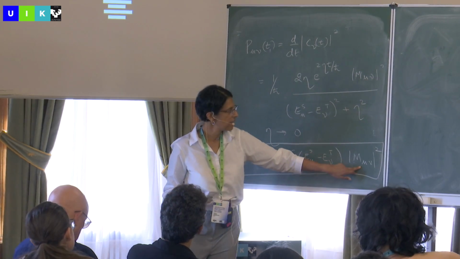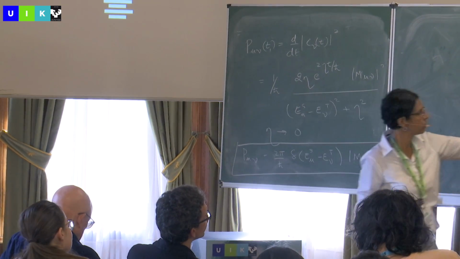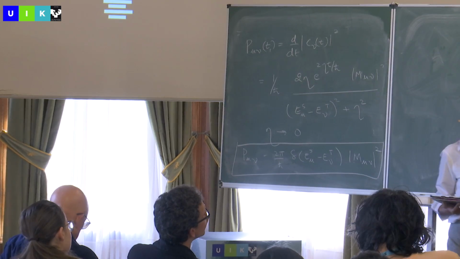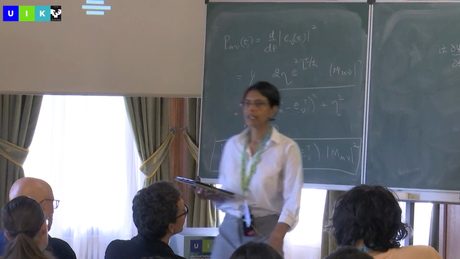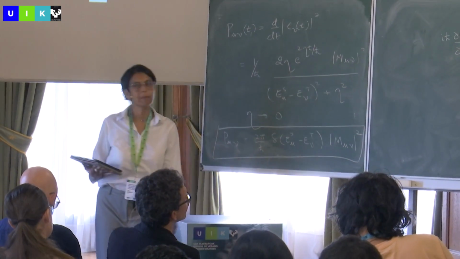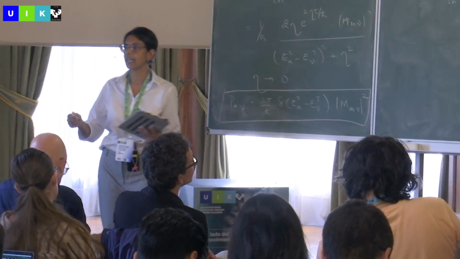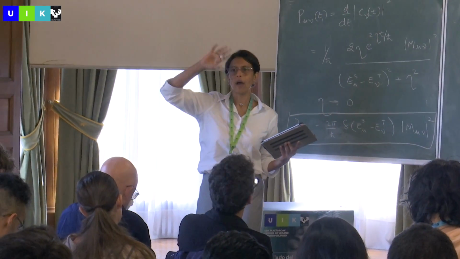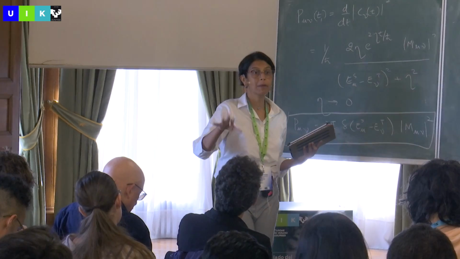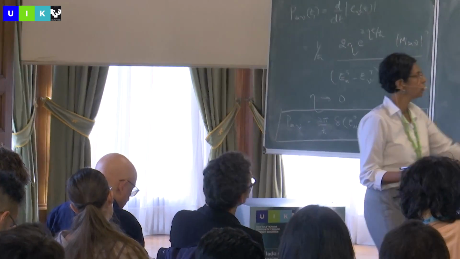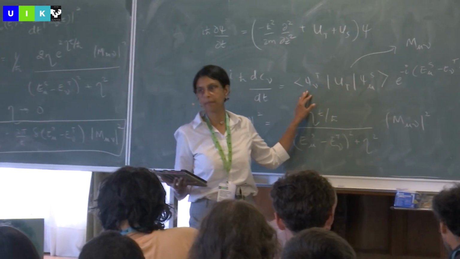The second is this M mu nu is this matrix element. And this matrix element, what you can do is there are very simple approximations. For example, you can take the tip and say that you have just a very simple S-wave tip. And so you know the tip wave function is very simple.